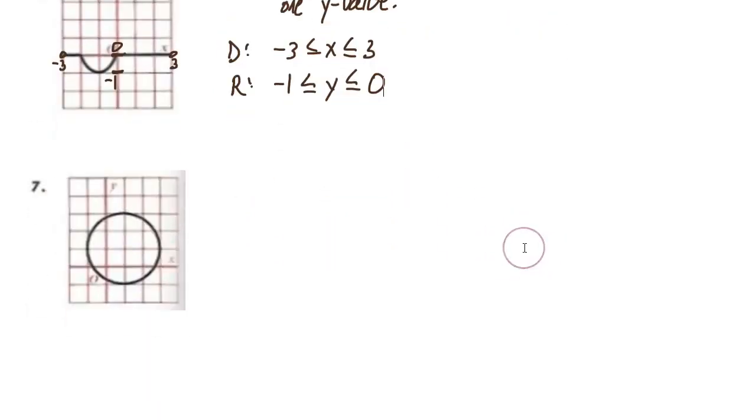Number 7, is this a function? Is every x value paired with only one y value? No, it's not. For example, looking at this dot and this dot, these have the same x coordinate, but they have different y coordinates. Right here's the origin. So this dot is at (1, -1), whereas this dot is at (1, 3).